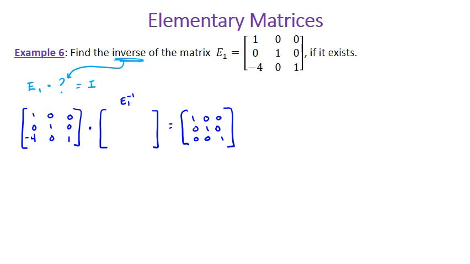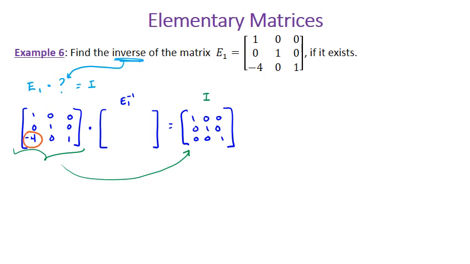Okay, so if I look at this, in order to get from E1 to the identity matrix, the only thing that needs to change is this entry here. I need to make that entry 0. So what do I do to make that entry 0?